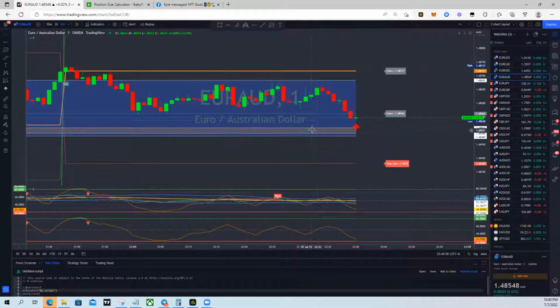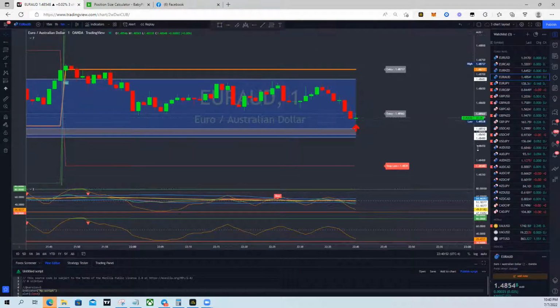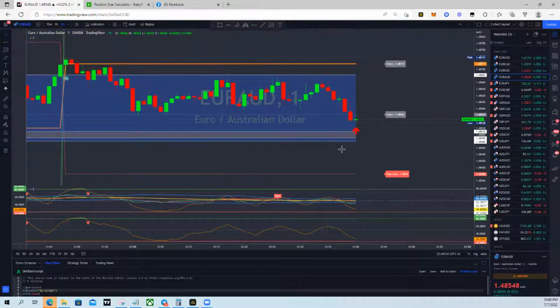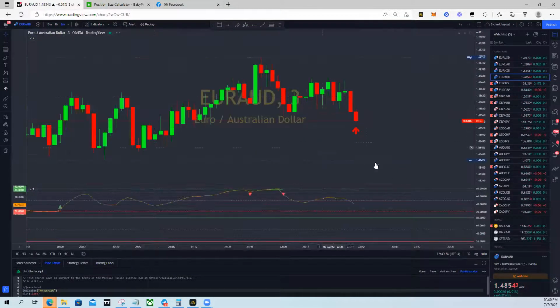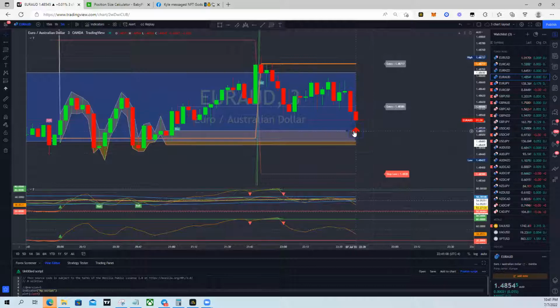It's like a 2 pip zone. On the 3 minute, it might be right at the top of the zone. Oh, almost. But we're already buying. When do we buy? The best time to buy would be when it gets down here somewhere. And then if we do buy from down here, my stop loss is below previous lows.